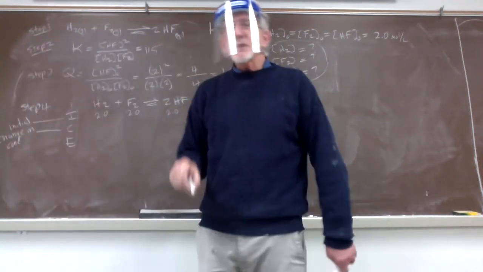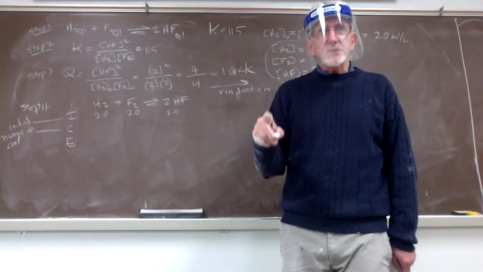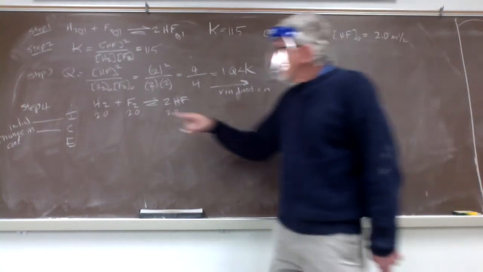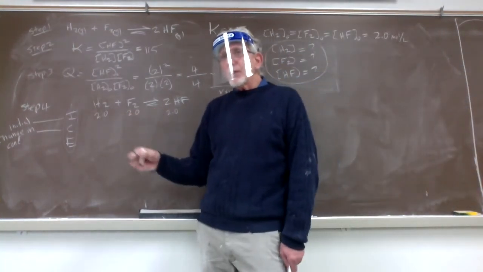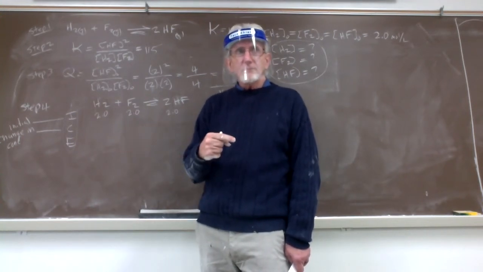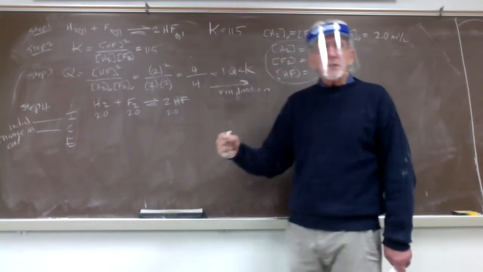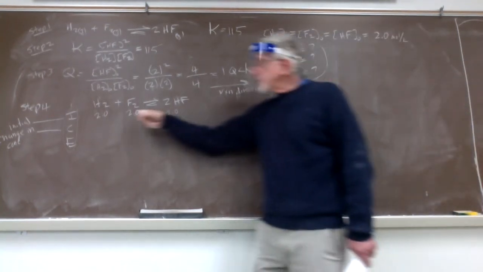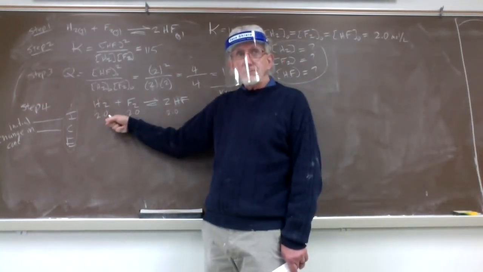What will the change in concentration be for the hydrogen in order for the system to get to equilibrium? Will hydrogen be consumed or will hydrogen be formed as the reaction proceeds towards equilibrium? Which direction is the reaction going? Towards products. So hydrogen is going to get consumed, right?